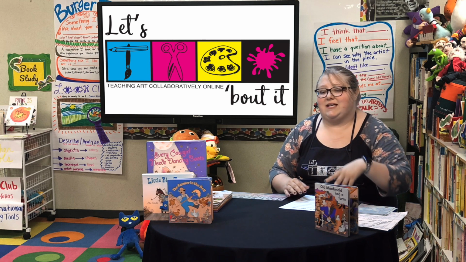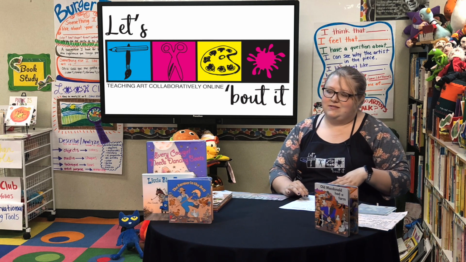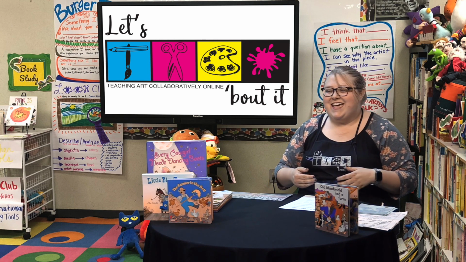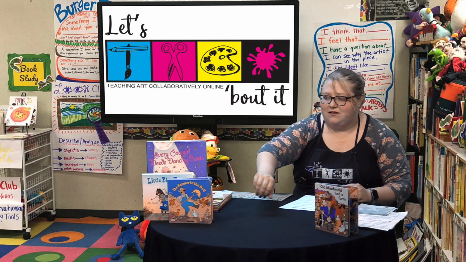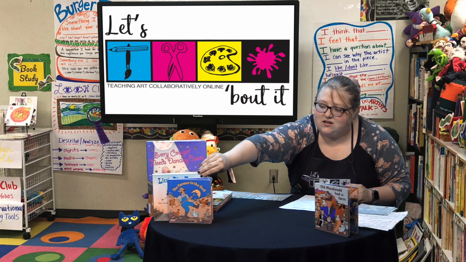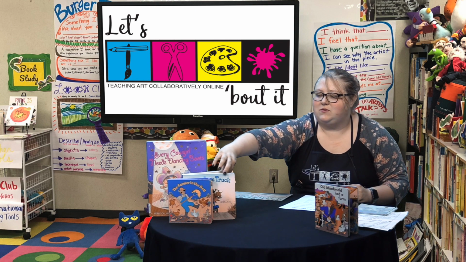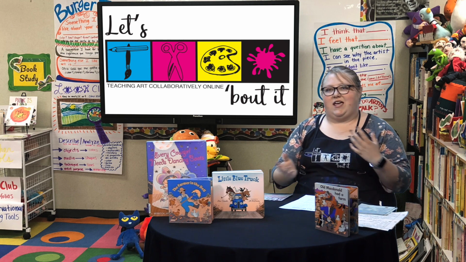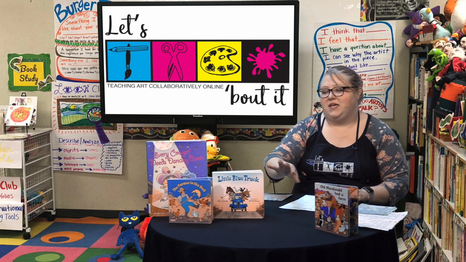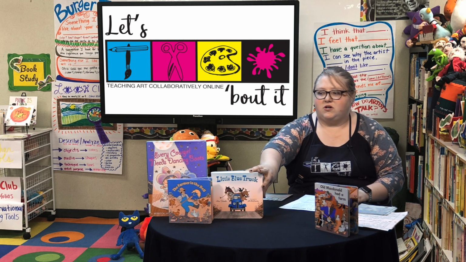Now, you don't have to go the direct rodeo route. You can use things like Old MacDonald's Farm for our little ones, pre-K and elementary. You can use Farmer in the Dell as well. And another one that I've used with kindergarten in the past is this book right here called Little Blue Truck, and it talks about different animals that you might see on a farm. So there are lots of different books.